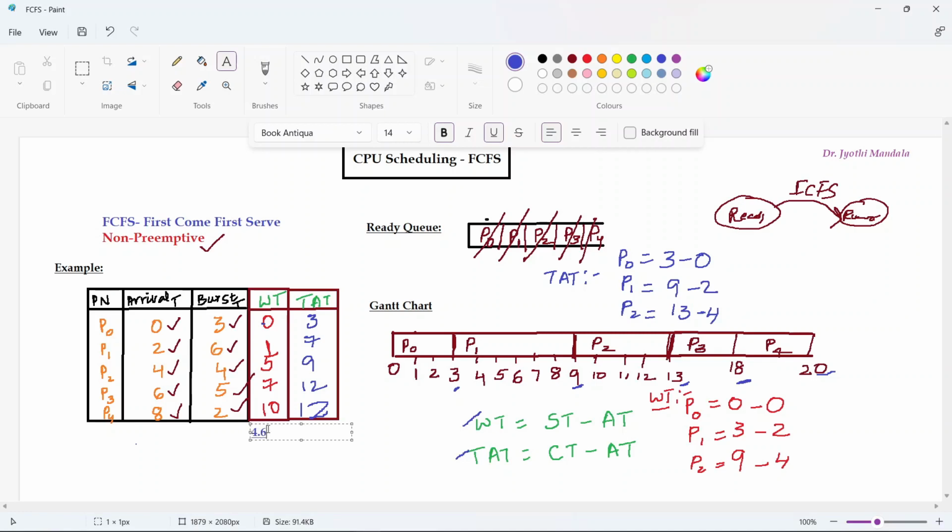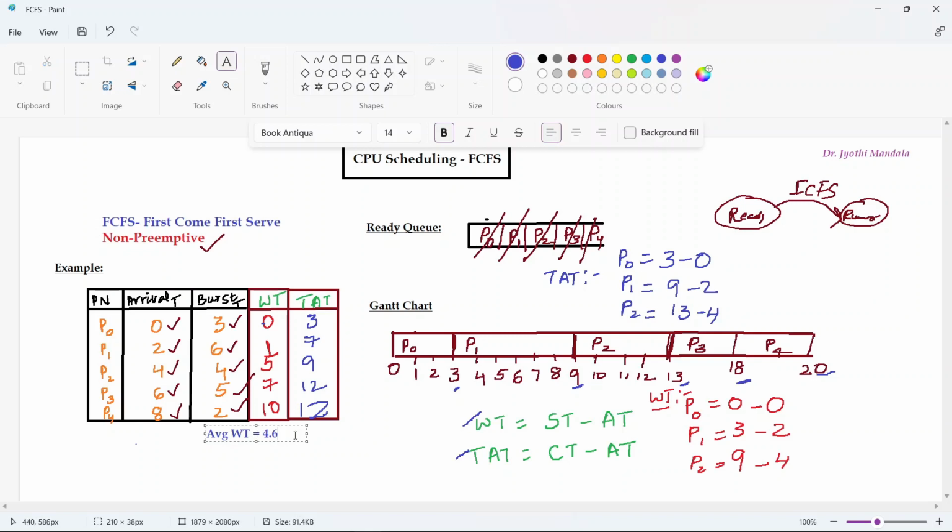Now, can you calculate the average turnaround time meanwhile? The average waiting time is 4.6.